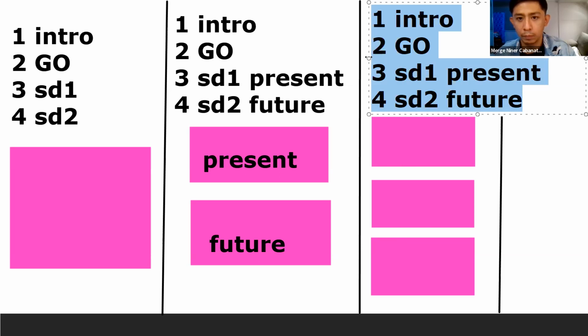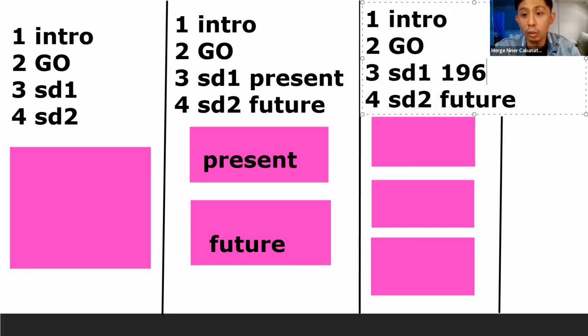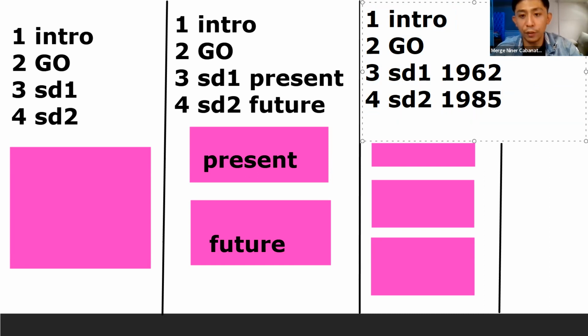You have the introductory paragraph still. You have the general overview. SD1 for 1962. Specific detail paragraph for 1985. And then you have the fifth paragraph, specific detail 3 for present.